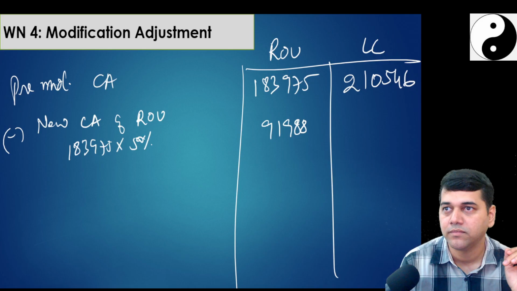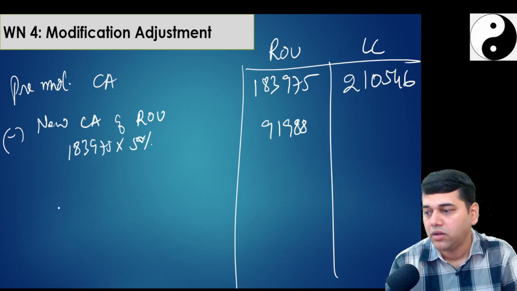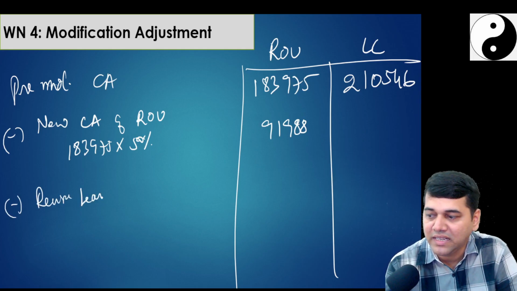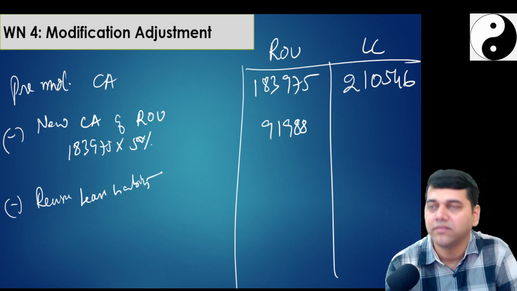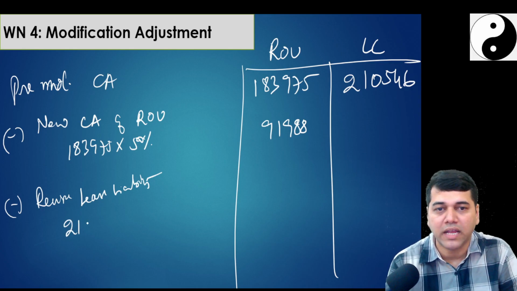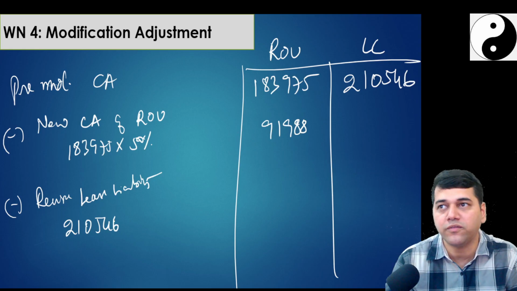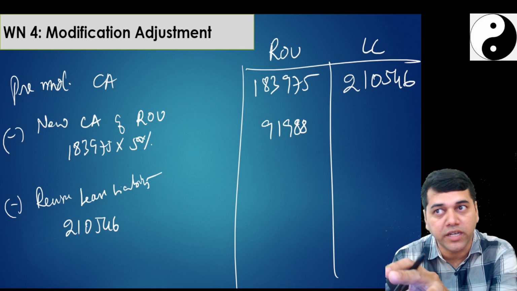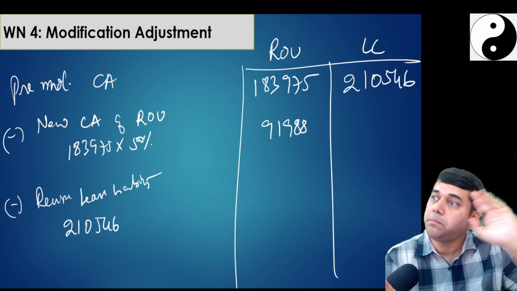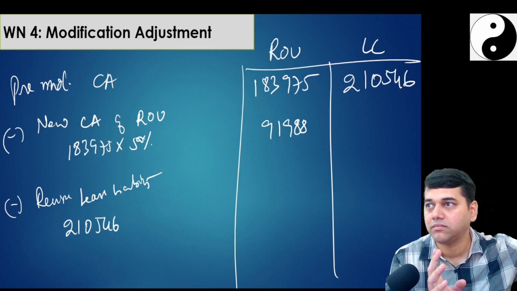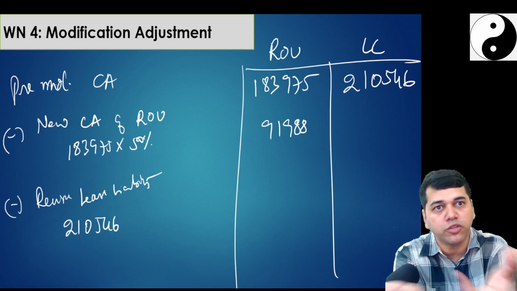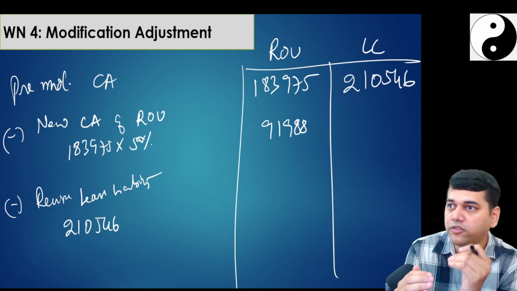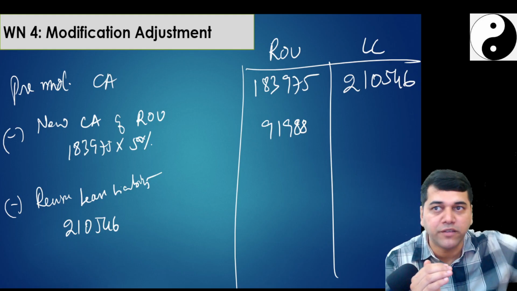Followed, no? Now, what is my revised lease liability? You take 2,10,546, because when you consider revised lease liability, see, when you are adjusting quantity, you keep price constant. If you mix both, you get confused. So you are assuming that my price also came down 25,000.